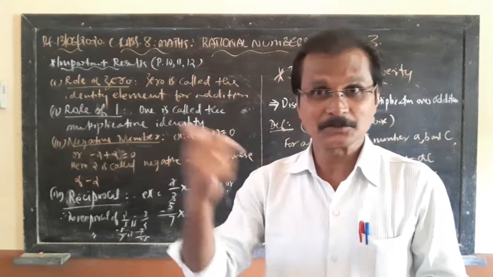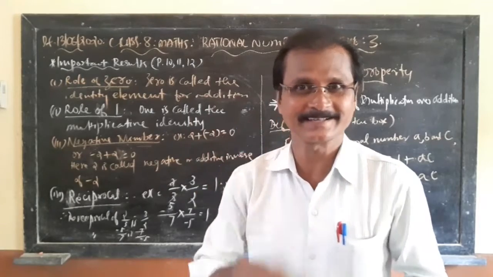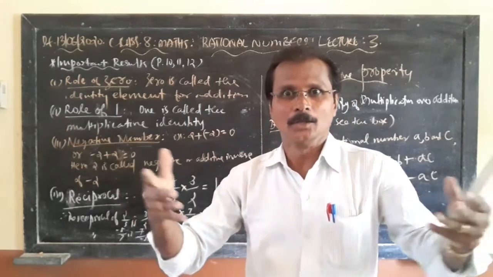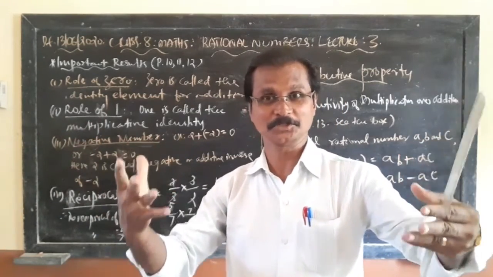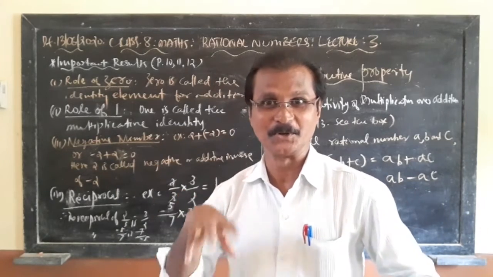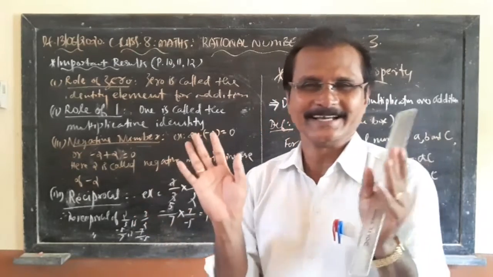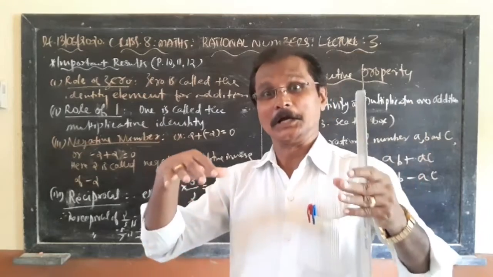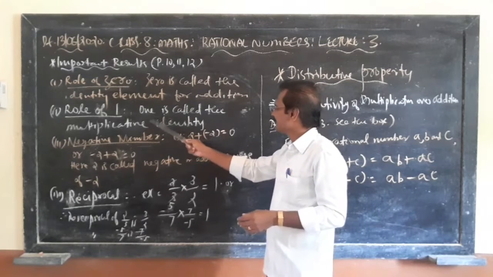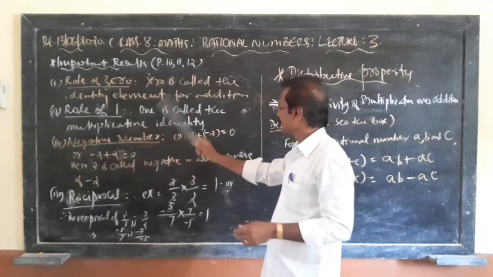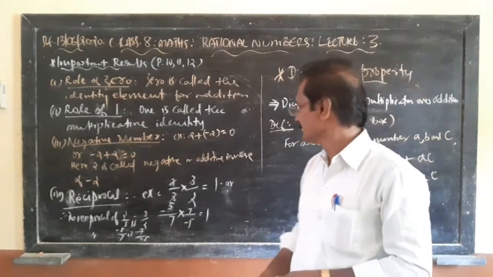So in multiplication do not bring 0. 1 is called the multiplicative identity, or identity in multiplication.